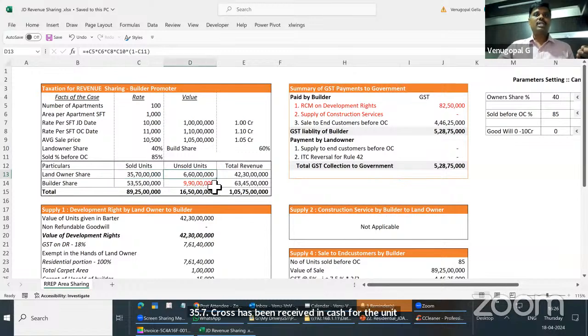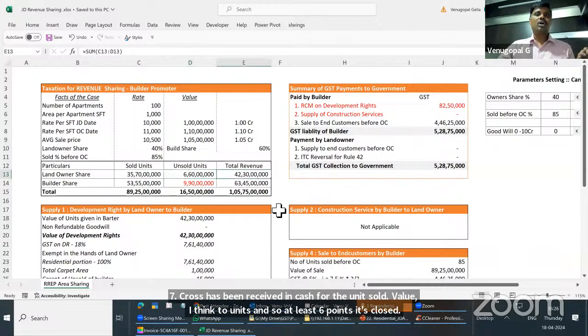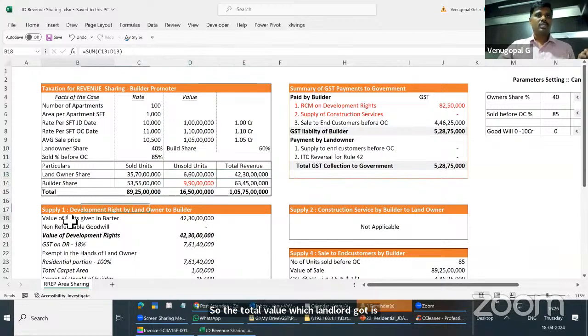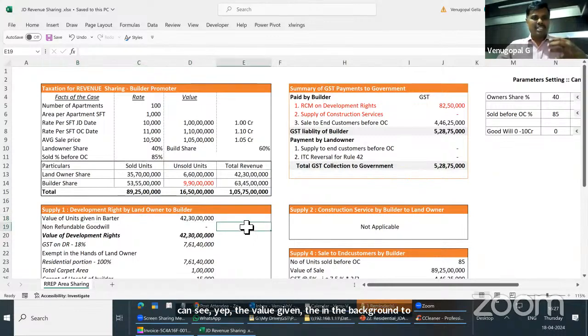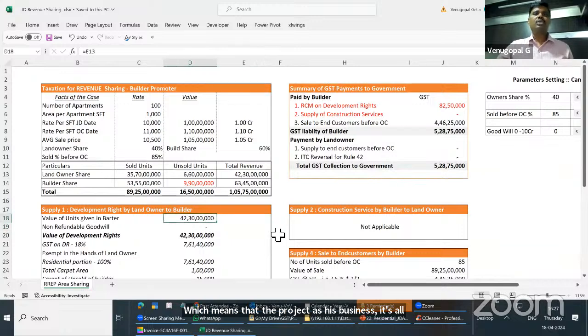Value akin to units unsold is 6.6 crores. So the total value which the landlord got is 42.3 crores. So the value given in the barter to the landlord is 42.3 crores, which means if all units had been sold on an as-is basis, 42.3 crores is what the landlord would have received.